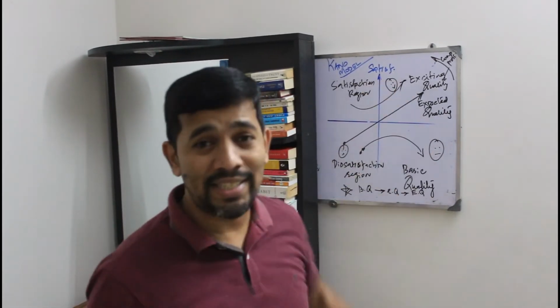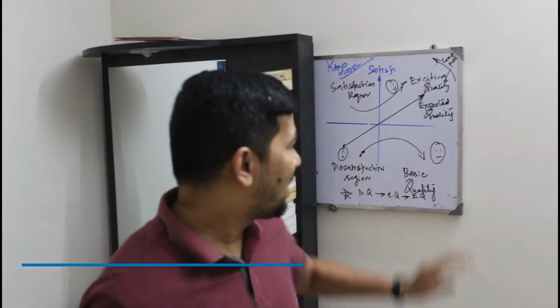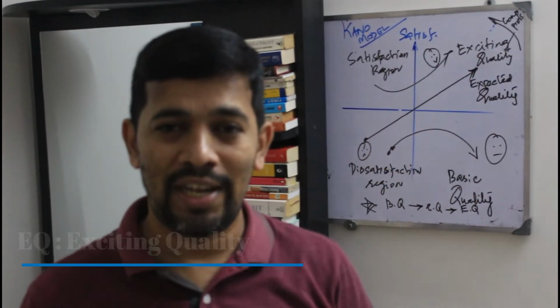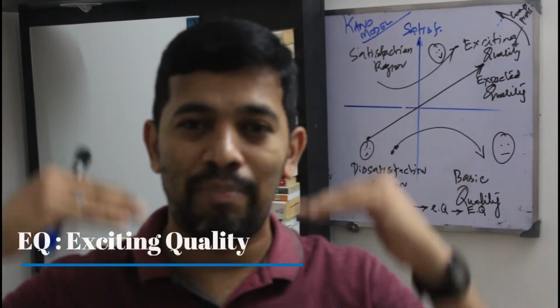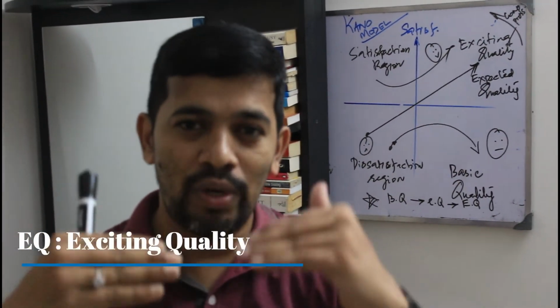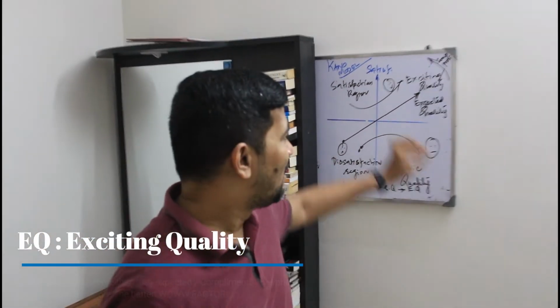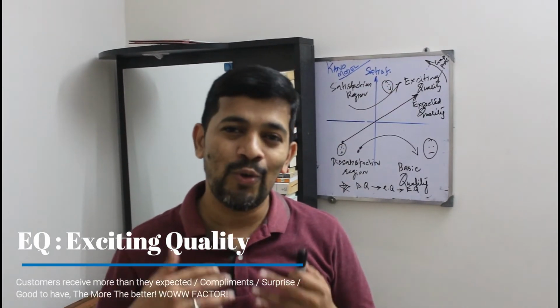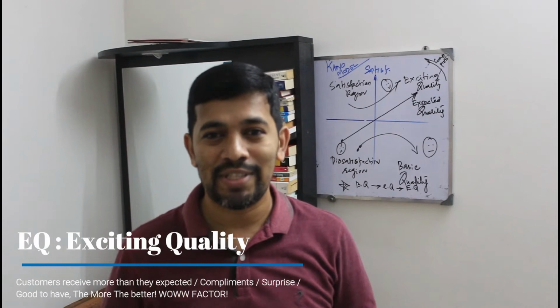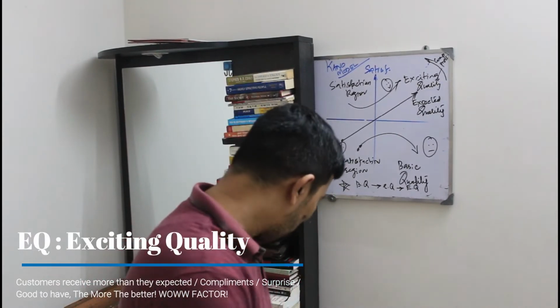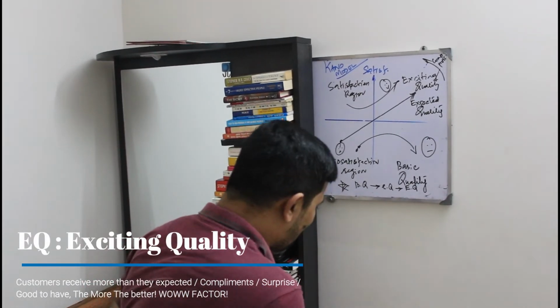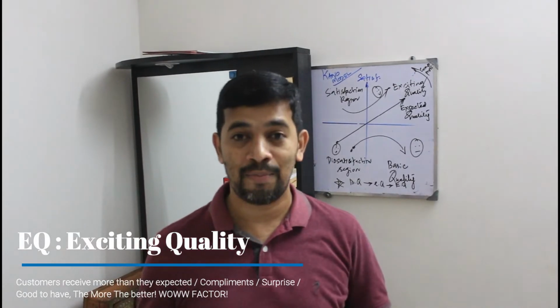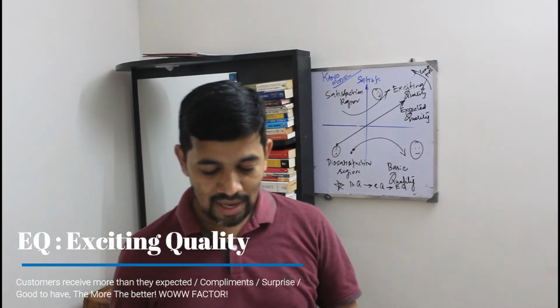Let's talk about the exciting quality, right? Exciting quality is something which will take you to a higher benchmark, which will enhance the customer satisfaction. That exciting quality is all about how you enhance the customer satisfaction. In this very book, it has given one example of a car, a wonderful example.